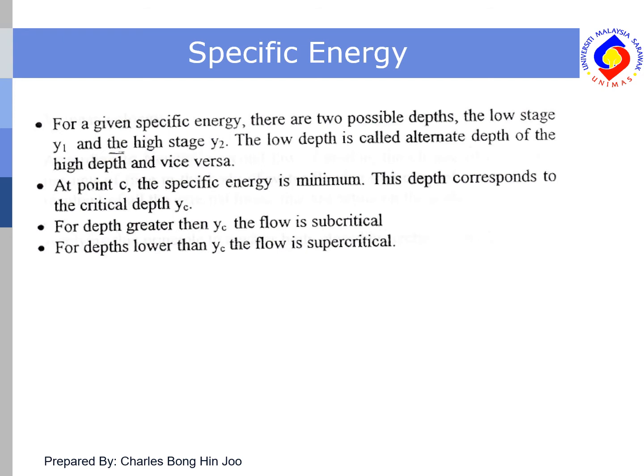At point C, the specific energy is the most minimum. This depth corresponds to the critical depth, yc. Any depth that is greater than yc, the flow is subcritical, while any depth lower than yc, the flow is supercritical.